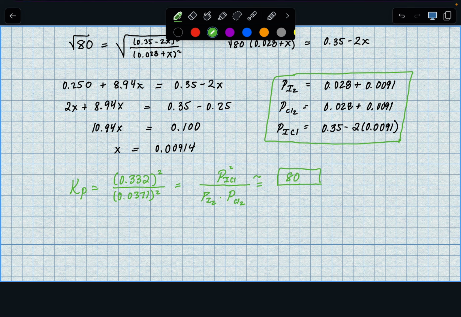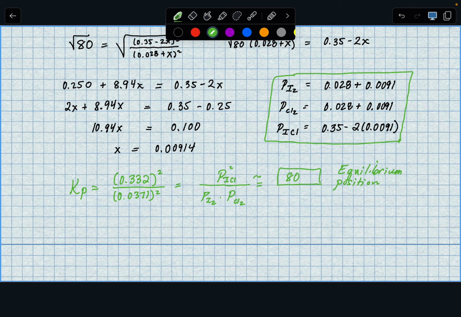And so that's going to be called a new equilibrium position. And it does relate to a previous video I have on equilibrium positions, that sometimes you can have different values that'll still give you the same K value. So this is still going to be 80, but we have different values in for our partial pressures of our reactants and products.